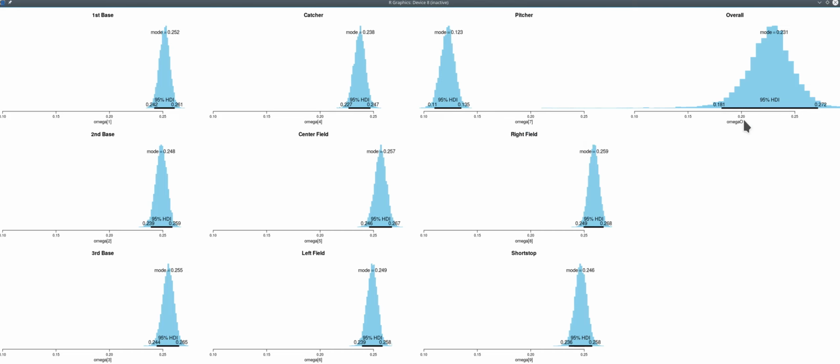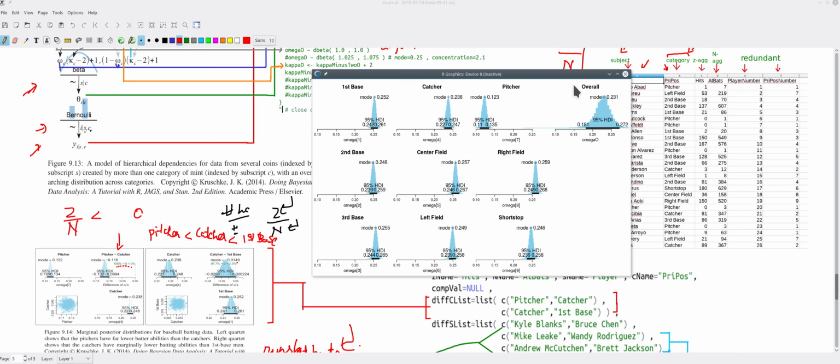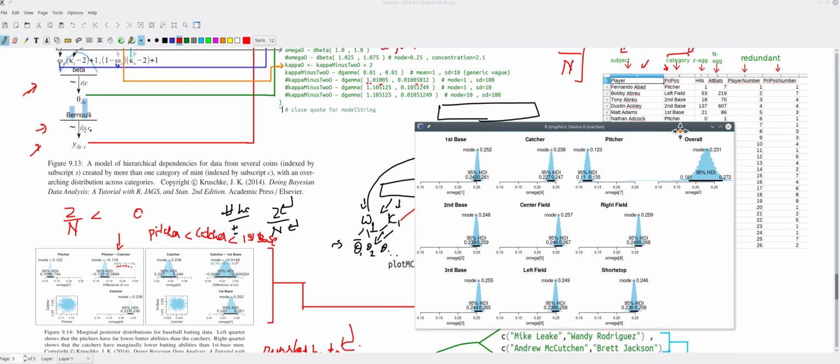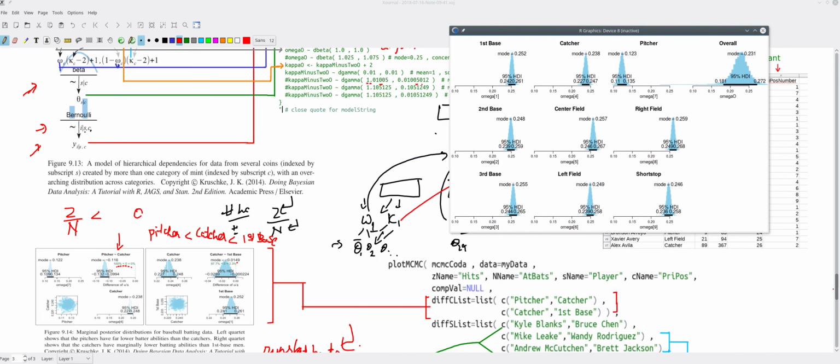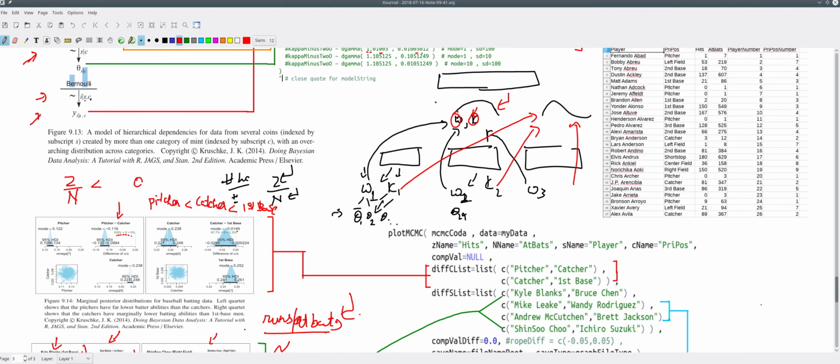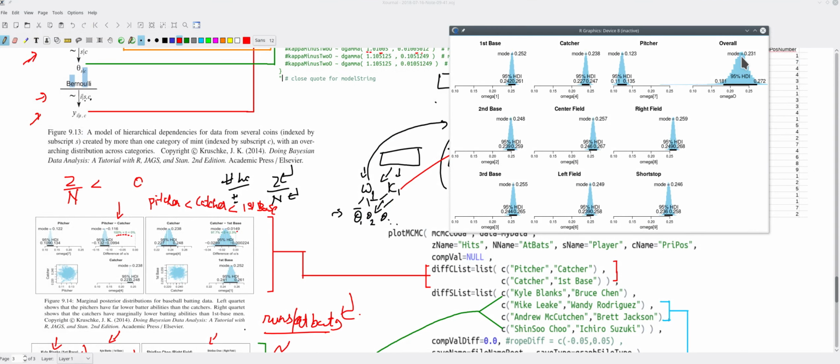These are for the omegas, omega 0, at the top level. At the top level, the overall aggregate estimate of this ratio, runs divided by at bats, is 0.23.